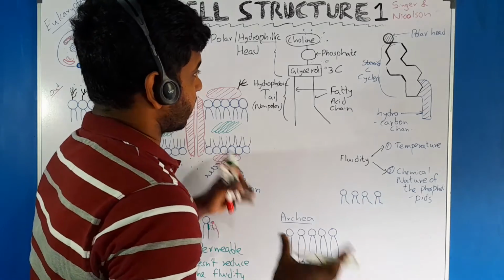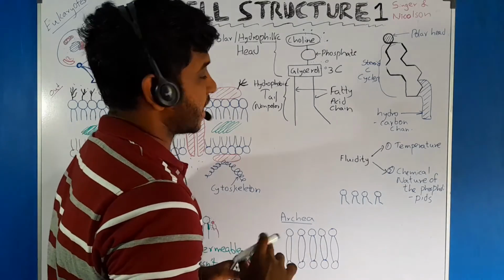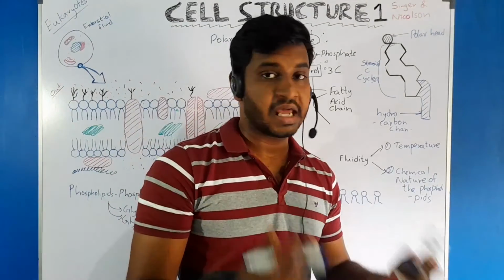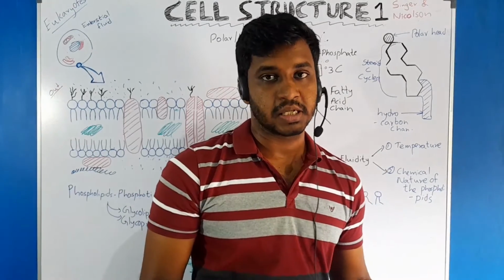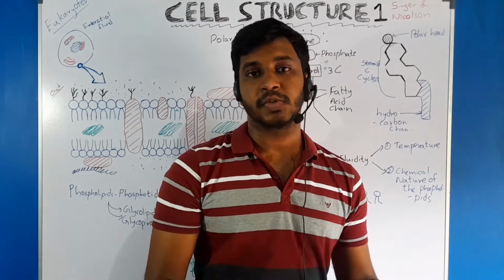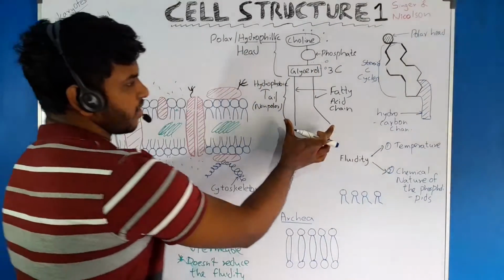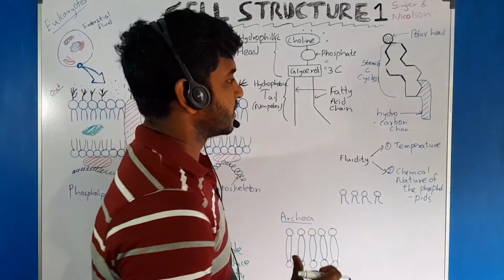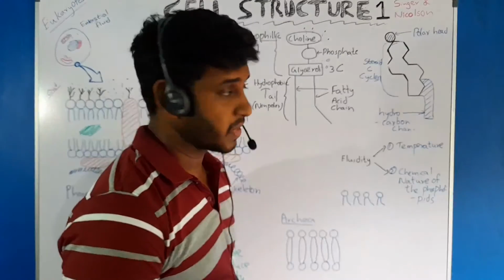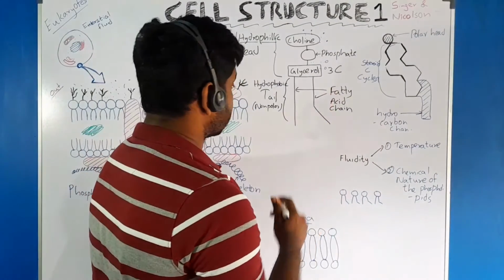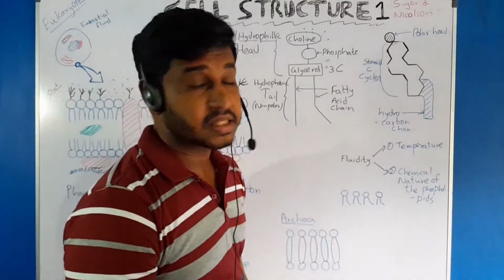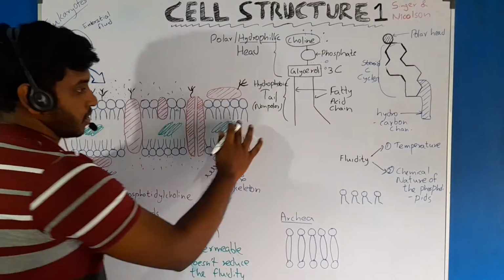So, when combining, they can make various combinations and make thousands of types of phospholipids.